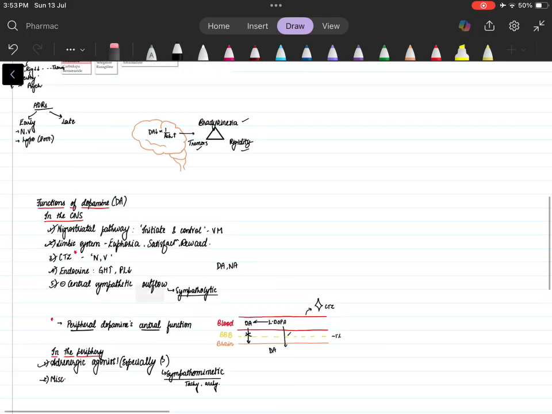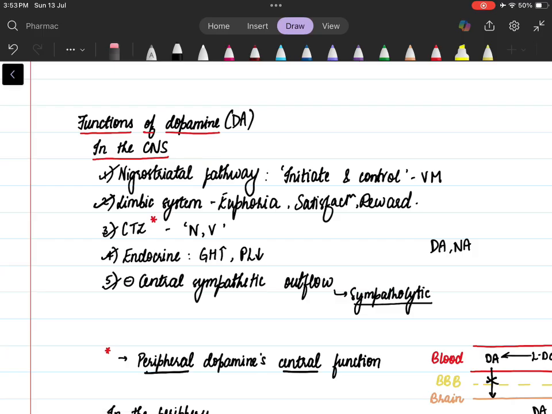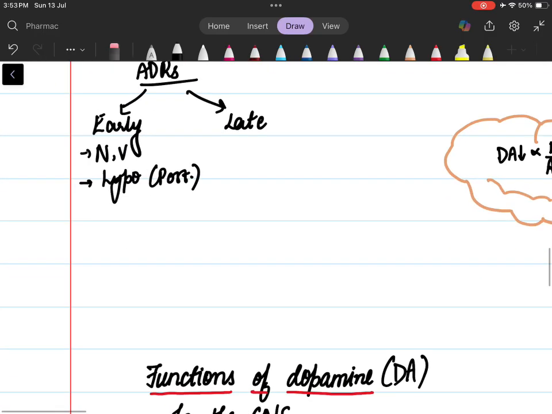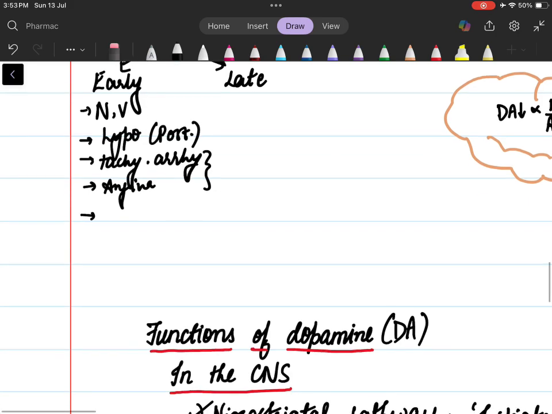This may be because of the sympatholytic action at the central level. Then there can be tachycardia, arrhythmias, exacerbation of angina. All of this is because of the peripheral sympathomimetic action. And an odd adverse effect is dysgeusia or altered taste sensation.